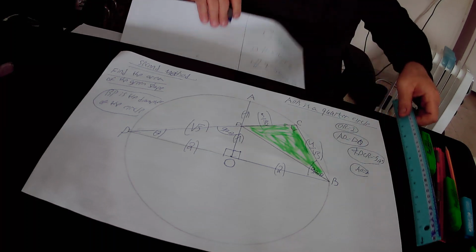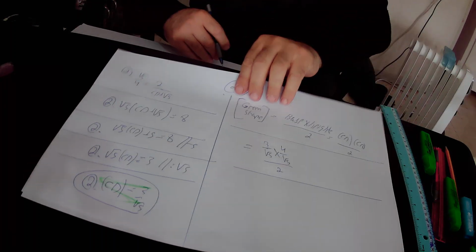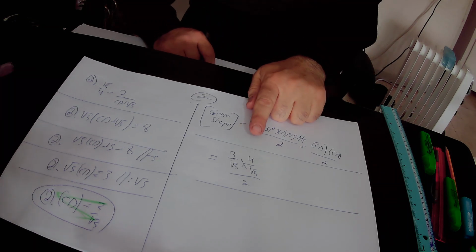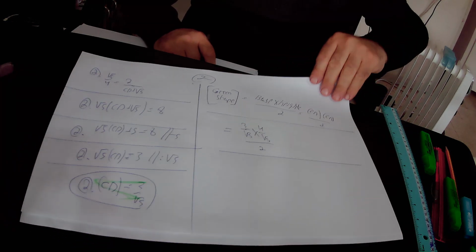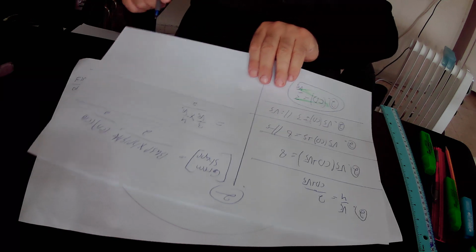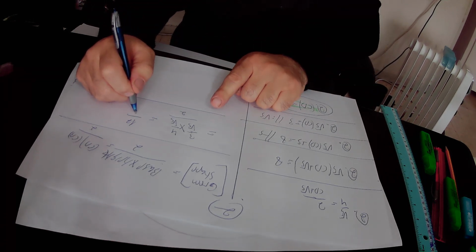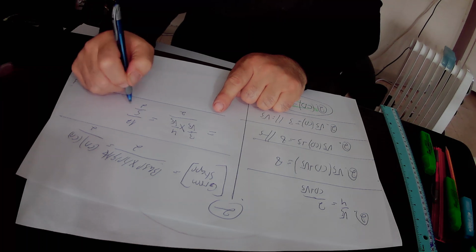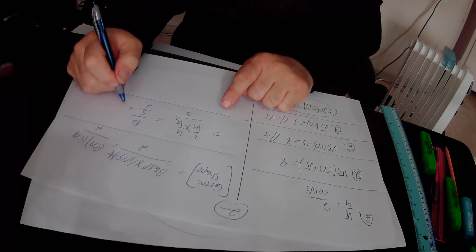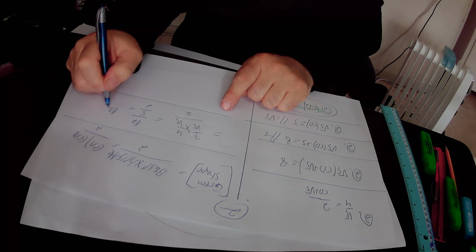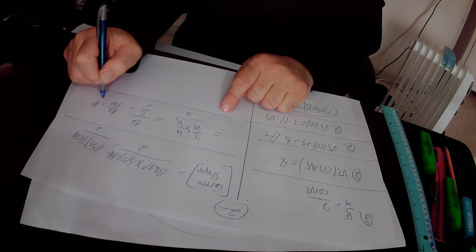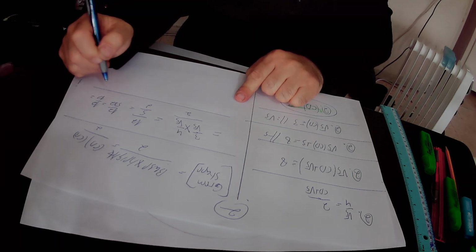So we found out that the area of the green shape equals the value of this expression, and the value of this expression equals 3 times 4 is 12, over square root of 5 times square root of 5 is 5, over 2. 12 over 5 over 2 equals 12 over 5 times 2, which is 12 over 10.